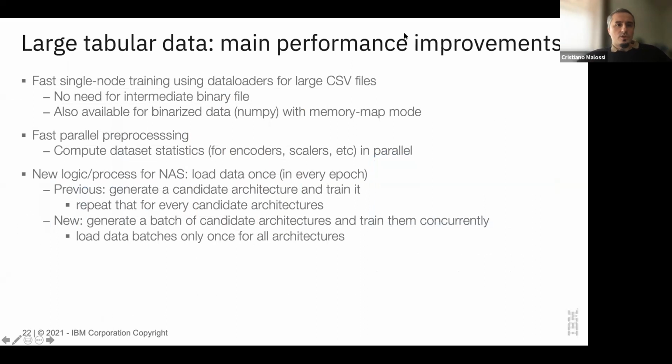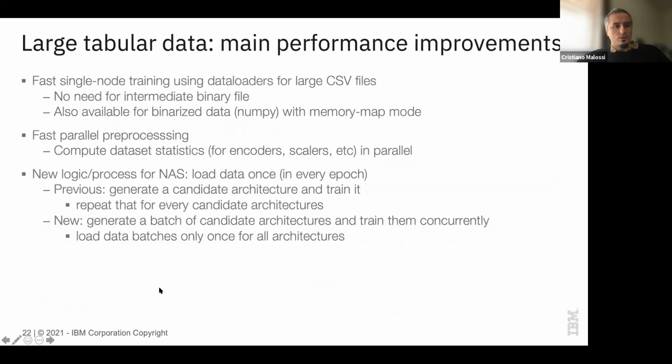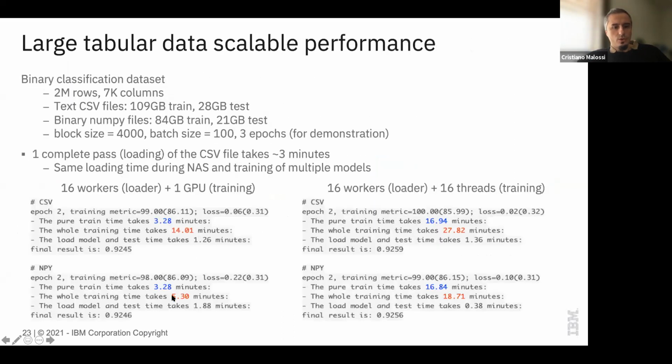And we did some focus on large tabular data in particular. This is just a list of modifications in the code we did, but just to give you an idea, we can do a full neural architecture search over a very large tabular data set of 109 gigabytes with 28 gigabytes of text in just 5 minutes.